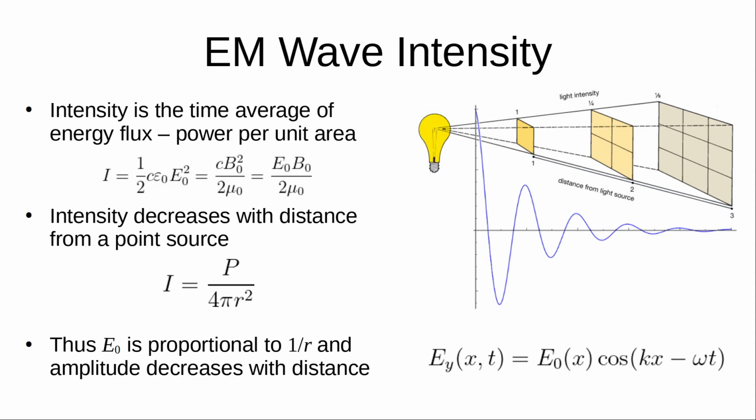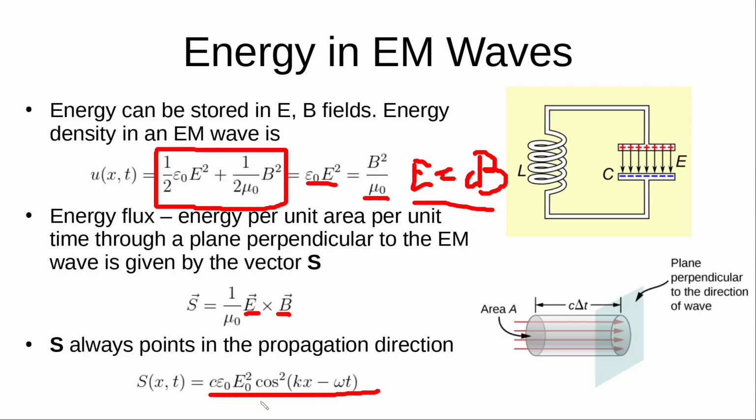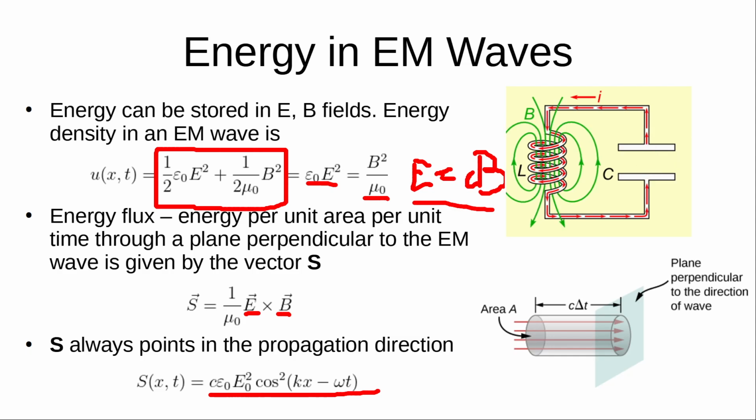So if you average a cosine squared or sine squared function over time, cosine squared has values that go from 0 to 1. No matter what the argument is, it's only going to give you a range from 0 to 1. So if you average over a full period of a cosine squared function, then you just get 1/2.